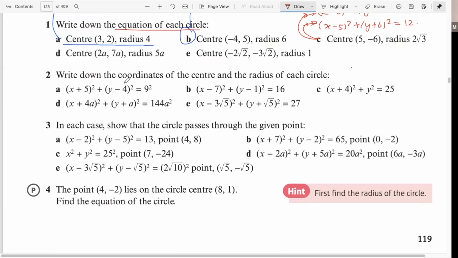Question number 2. Write down the coordinates of the center and the radius. So for the first part, the center is minus 5 and 4 and the radius is 9. What is it for B part?